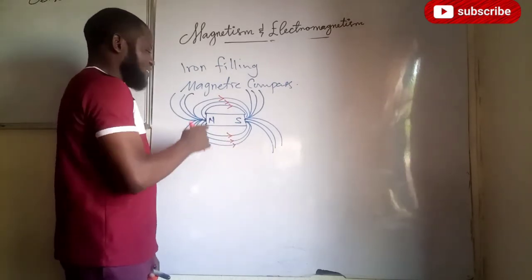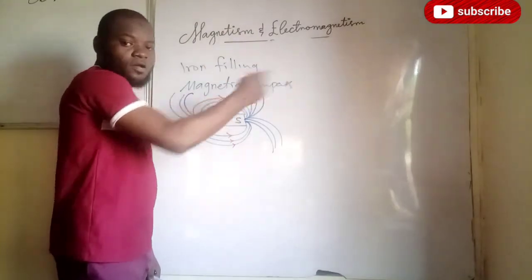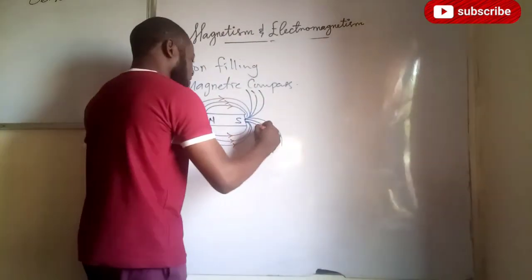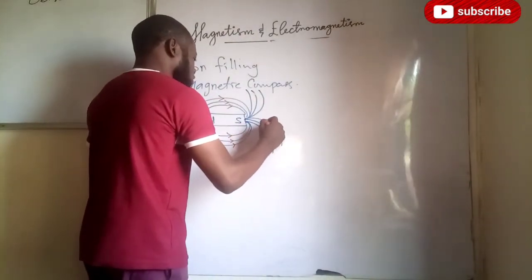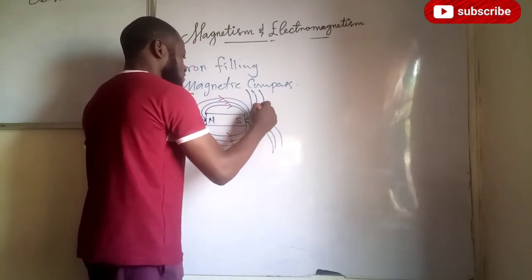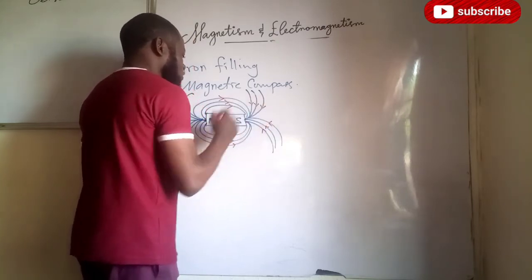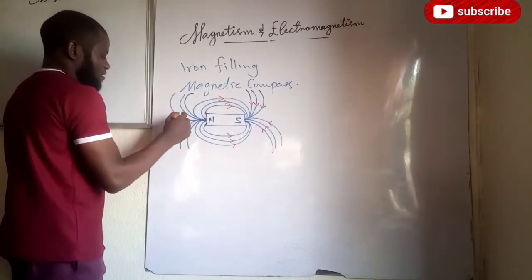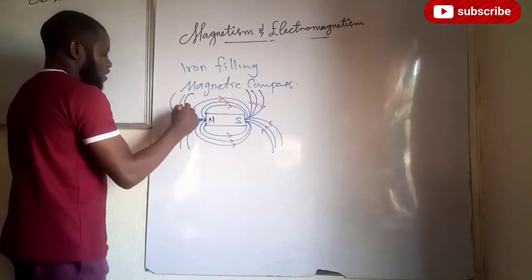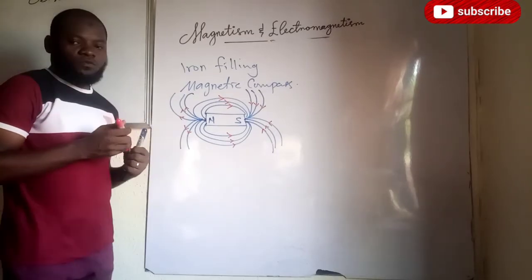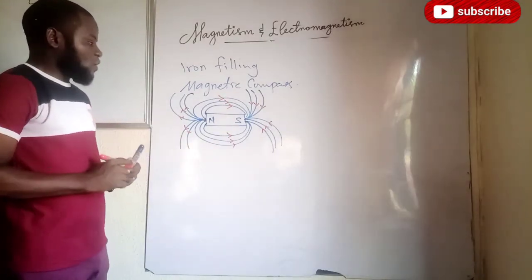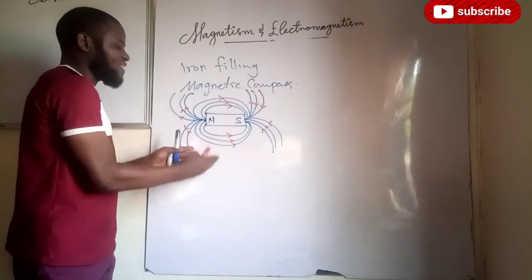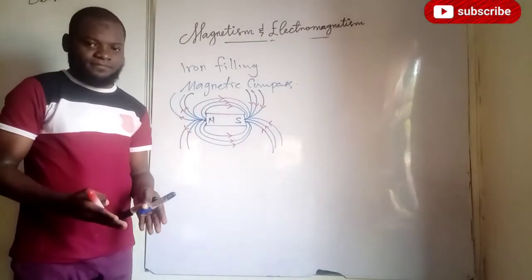Just like it moves from positive to negative when we are talking about an electric field. So outside the magnet, you have the force running towards the south pole, but running away from the north pole. Are we together now? So this is the field pattern for a bar magnet.